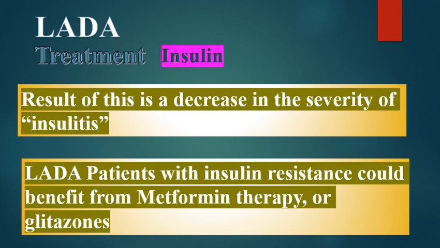As a result of treatment with insulin, when we put a LADA patient on insulin, this results in a decrease in the severity of insulitis. Insulitis is inflammation of the beta cell. But however, some patients may come back not responding to insulin also. So LADA patients with insulin resistance could benefit from metformin therapy or glitazones.